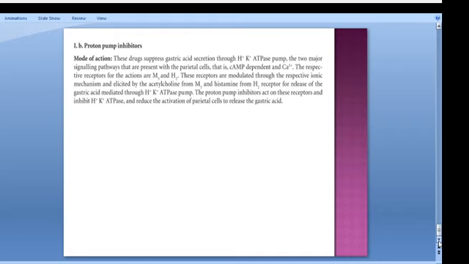now the mode of action. These drugs suppress gastric acid secretion through the hydrogen potassium ATPase pump. There are two major signaling pathways present in the parietal cells, with messengers like cyclic AMP and calcium, and the respective receptors are M3 and H2, muscarinic 3 and H2.